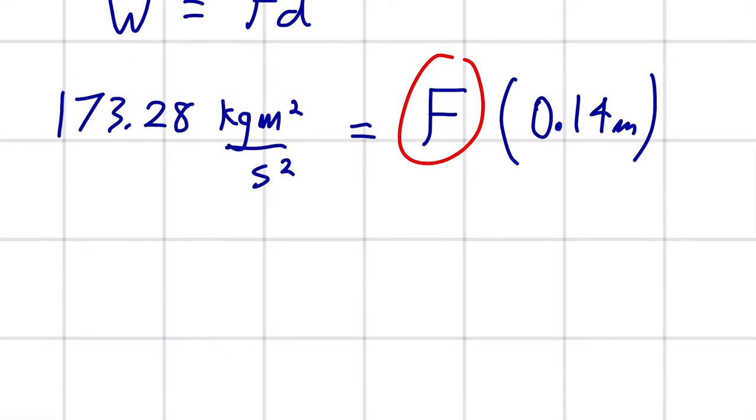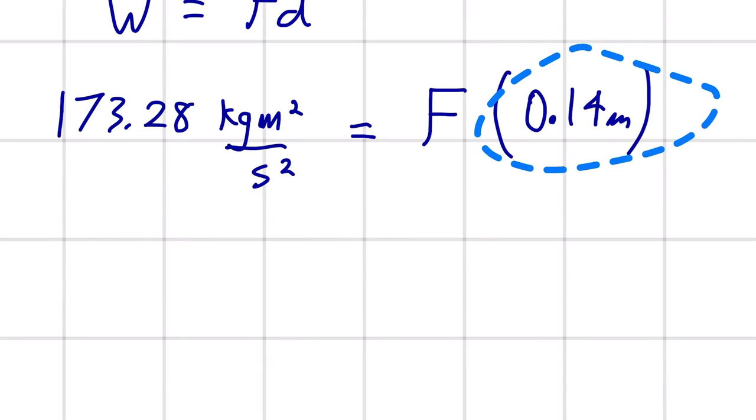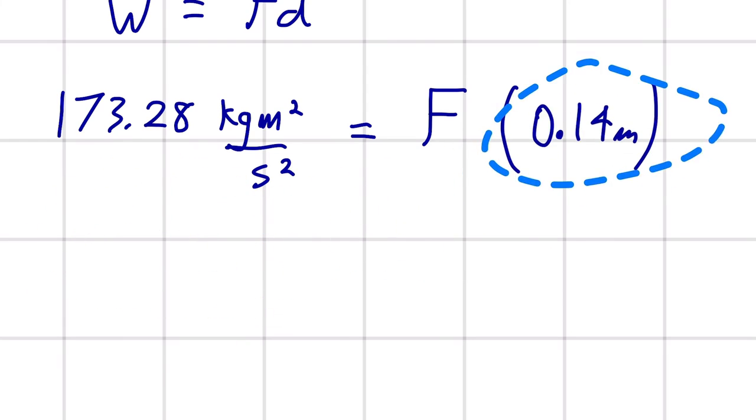So now all we have to do is isolate F. Let's bring this to the other side of the equation, and since it's a multiplication here, it's going to be a division on the other side.